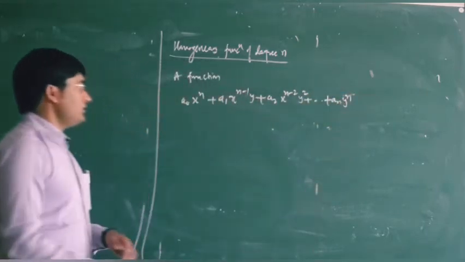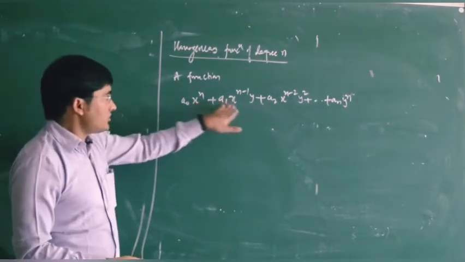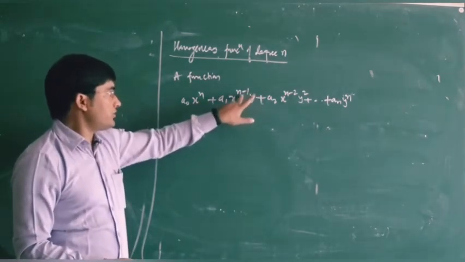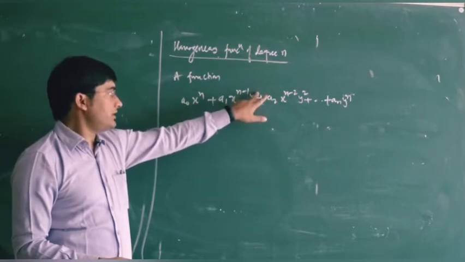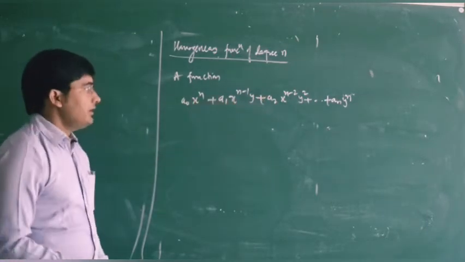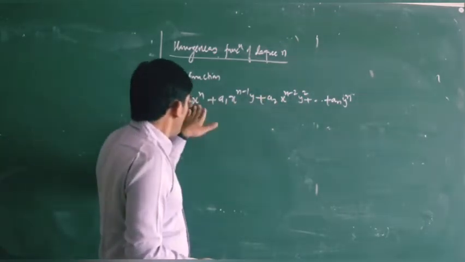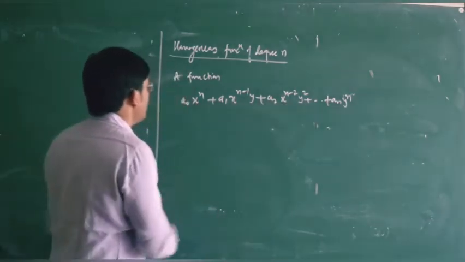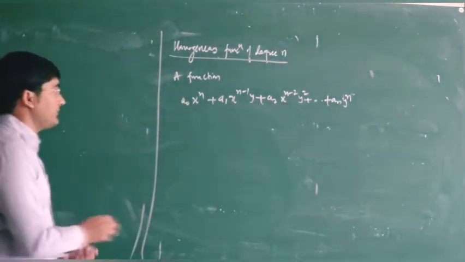Here you can see that the degree of each term is equal to n. Here we have degree n minus 1 and here is 1, so the degree will be n. So the degree of each term is equal to n.